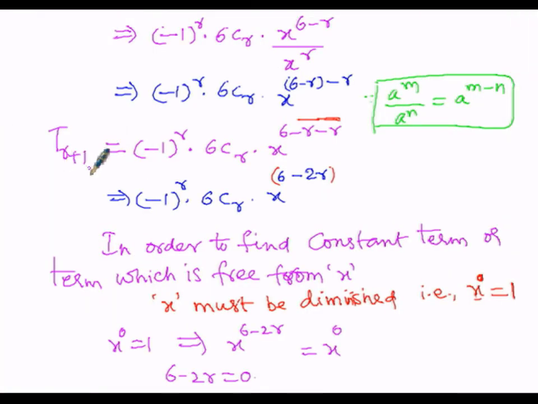T r plus 1 is equal to minus 1 to the power of r into 6Cr into x to the power of 6 minus 2r.